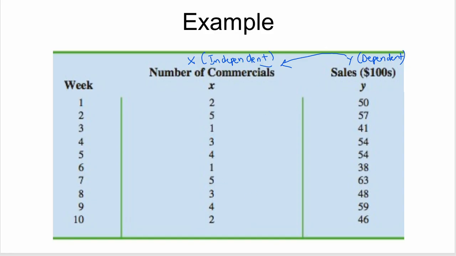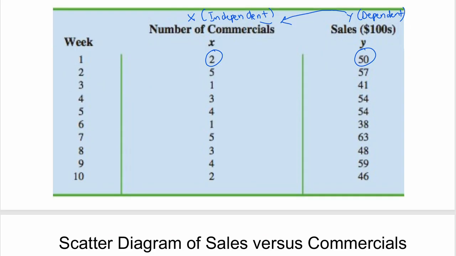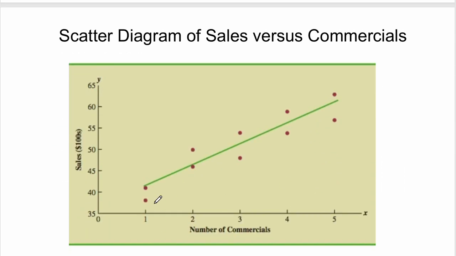And so using these values here, let's try to plot it on a scatter plot. Now, every two values of x and y represent a single dot on a scatter plot. So this is what we have here. On the x independent or what we call the explanatory variable side, we have number of commercials.